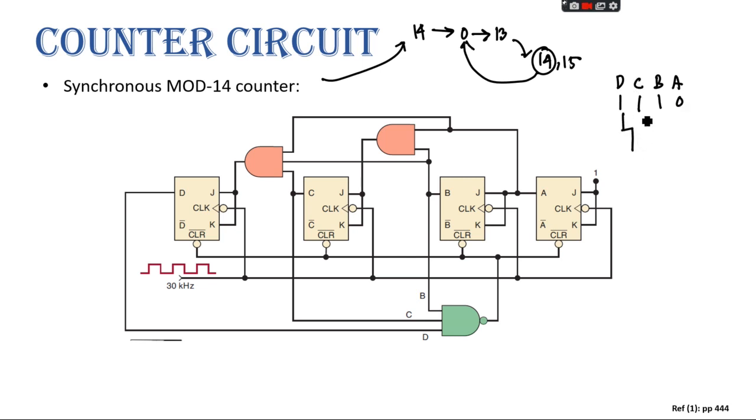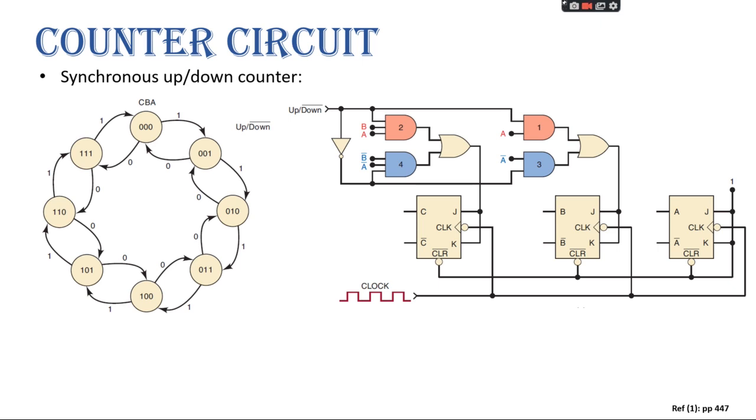So what you need to do is, D, C and B, whenever these three are 1, the NAND output will be 0, and once this output is 0, it will come here and reset the system. You got my point, right? Yes, sir. Is there any question so far? No, sir. Okay.